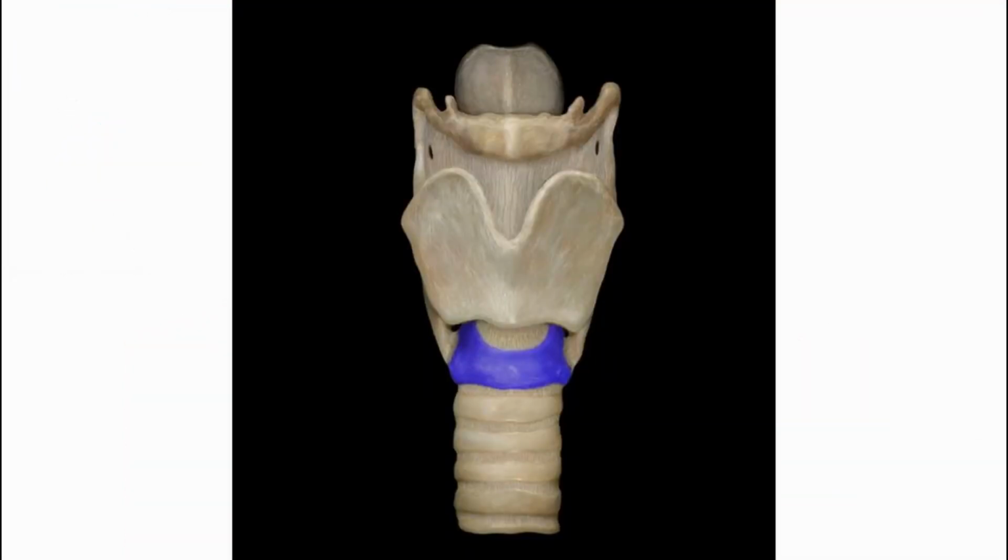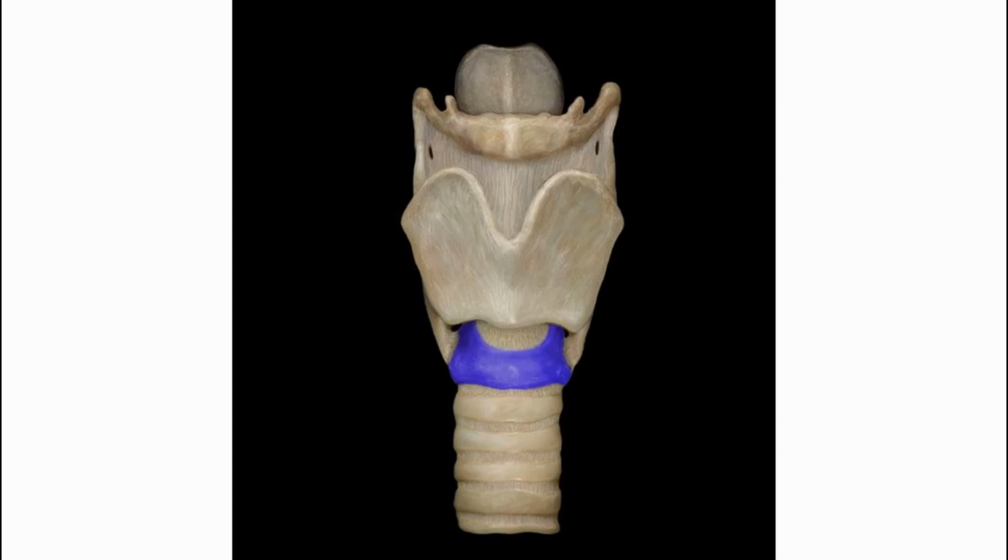We want to construct the larynx, which is made of cartilages, membranes, and ligaments. The base of the larynx is made by this blue colored cartilage, which is the cricoid.